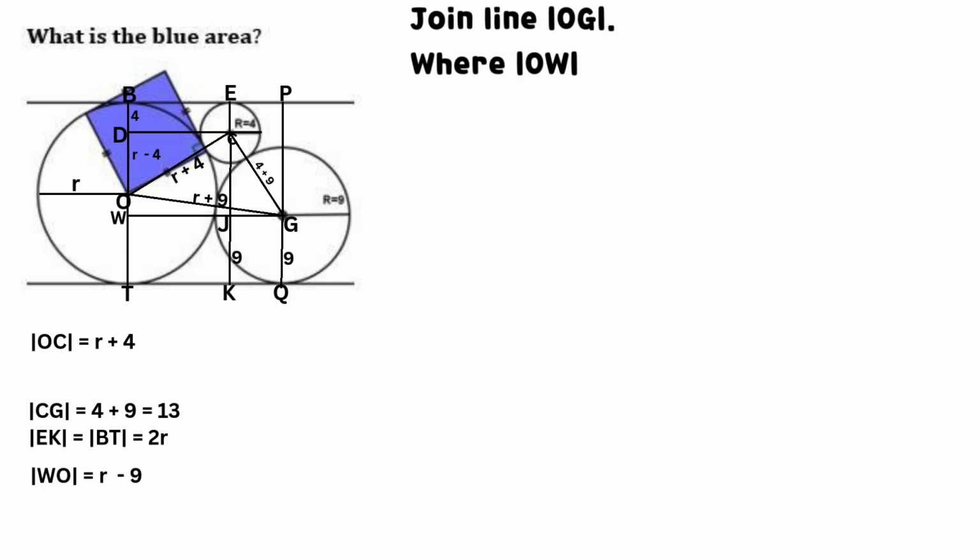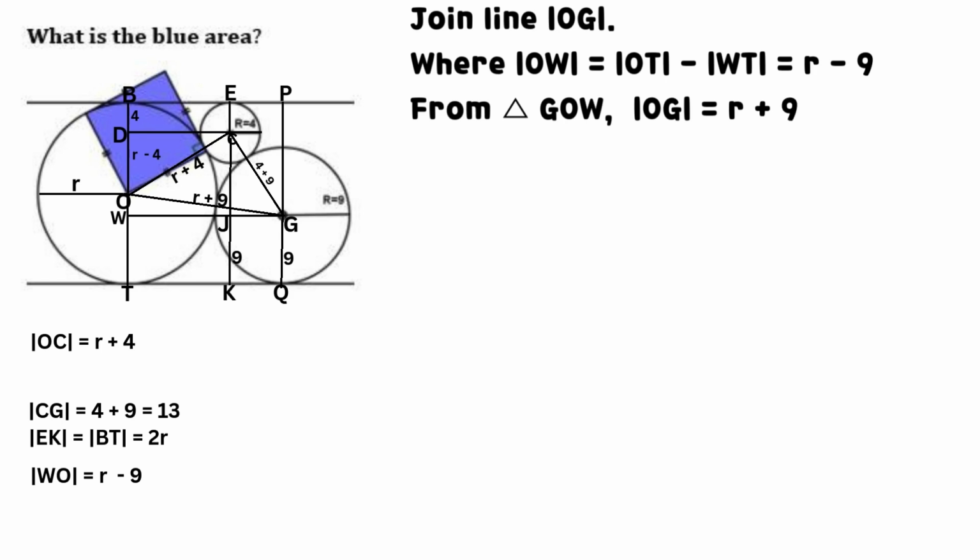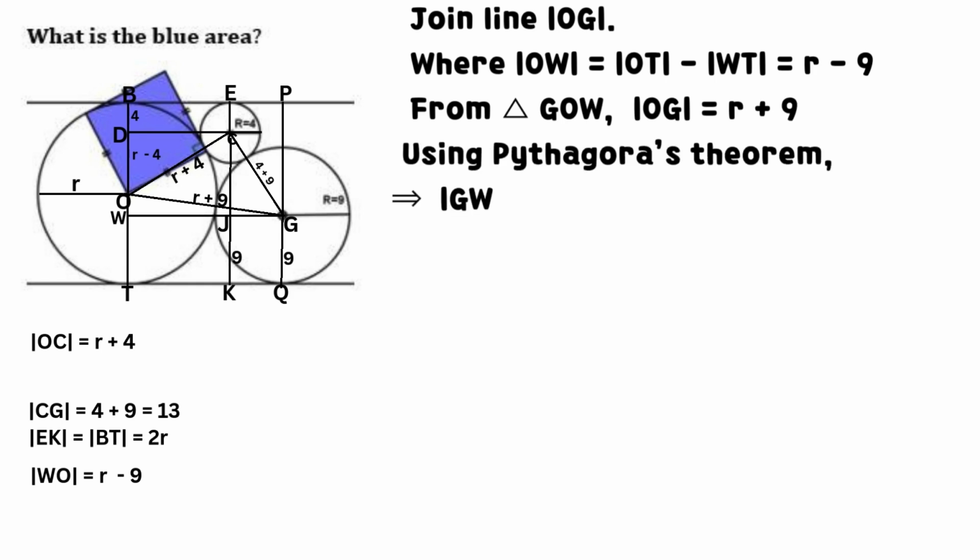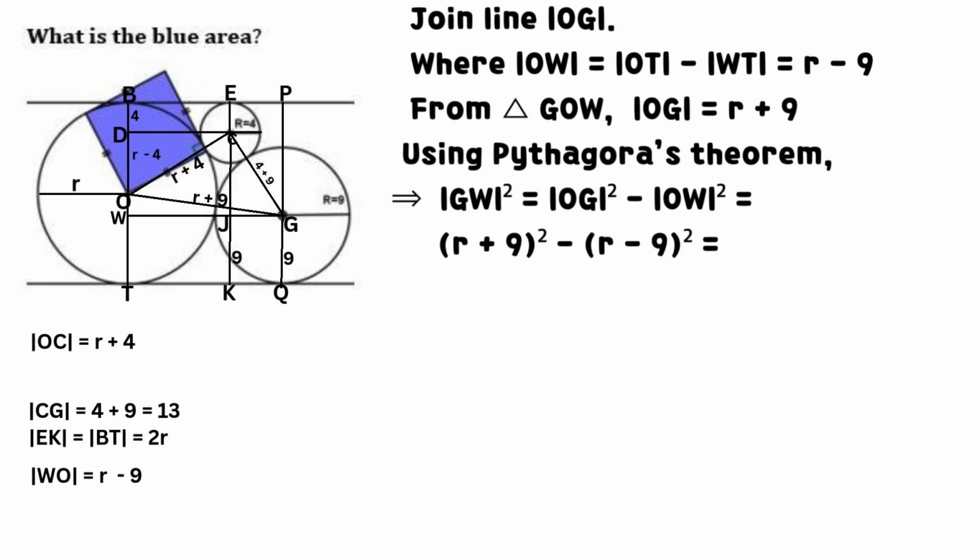Join line OG, where line OW equals line OT minus line WT, which equals R minus 9. From triangle GOW, line OG equals the sum of R and 9.